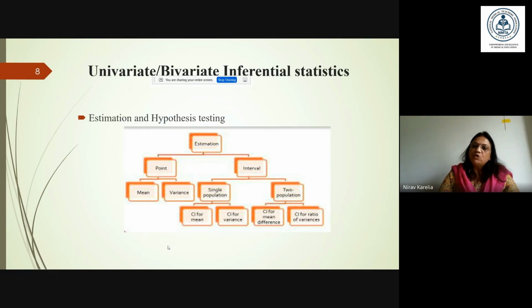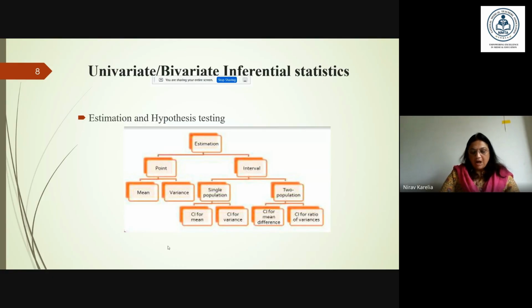In the case of interval, you can take a different sample or population, so there is the role of the confidence interval. For a single population, you calculate a confidence interval for the mean or for the variance. If you have two populations, then you measure the mean difference or the variance difference, and you take the confidence interval of the mean difference and the variance difference.